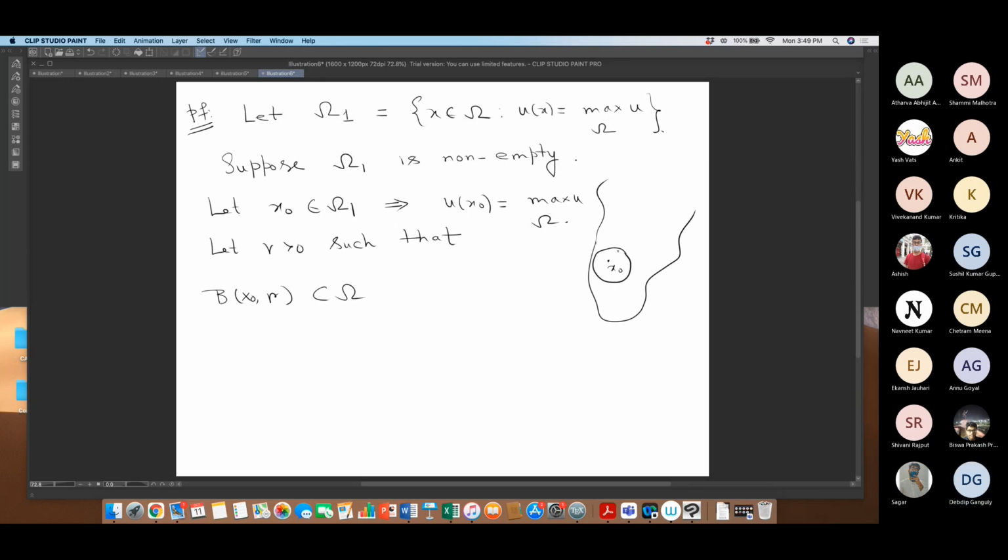Then you apply the mean value property, which says that u of x naught is equal to 1 over the measure of the ball B(x naught, R) times the integral over B(x naught, R) of u(y) dy. Because u is a harmonic function, at each point x naught I can write it in terms of the average, by the mean value property.